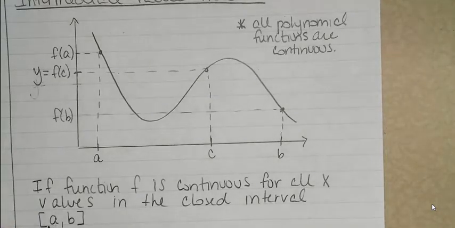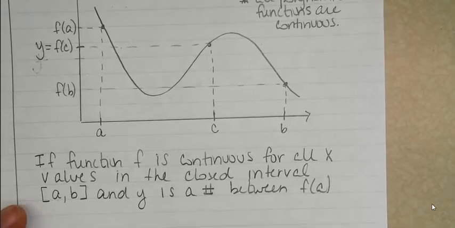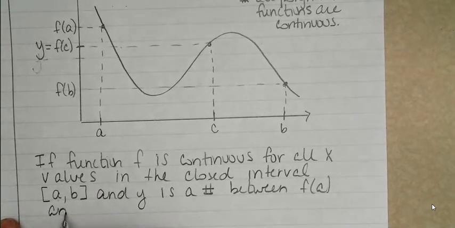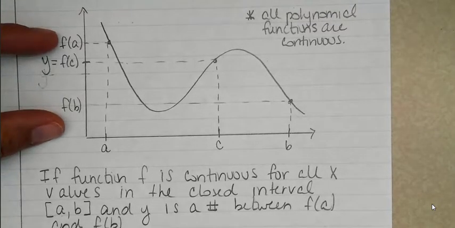Right, we're saying that a is included in this, and so is b. And y is a number between f of a and f of b, just like our graph is showing, right? Y is some number between f of a and f of b.